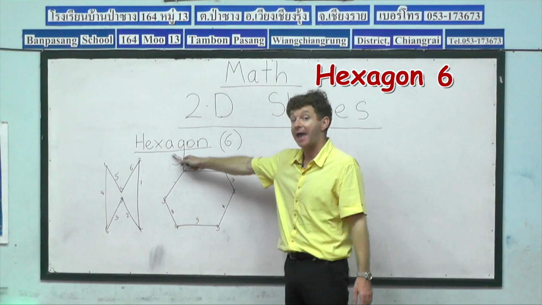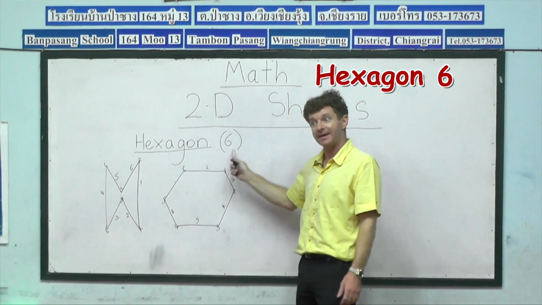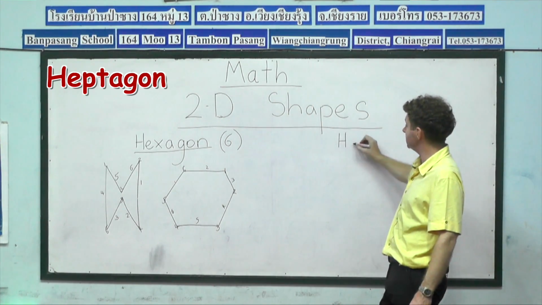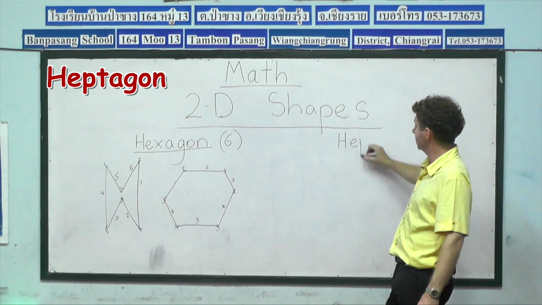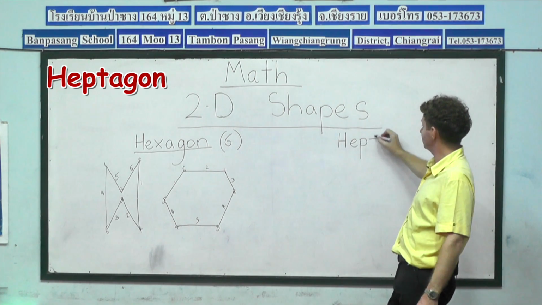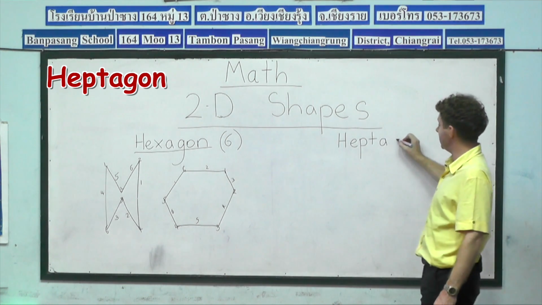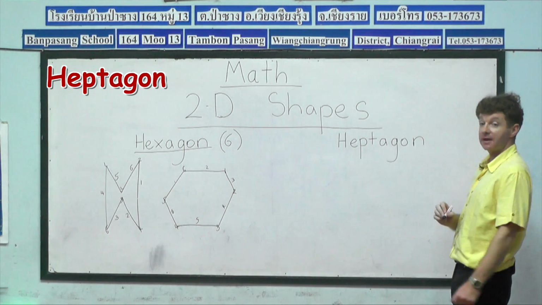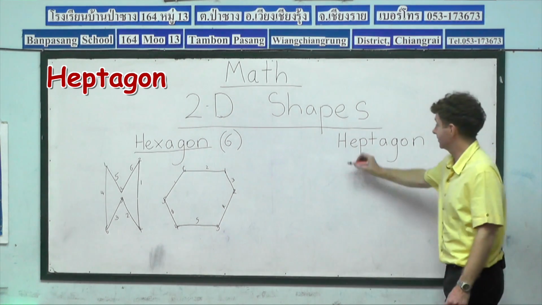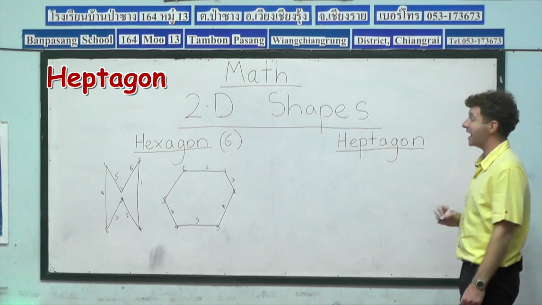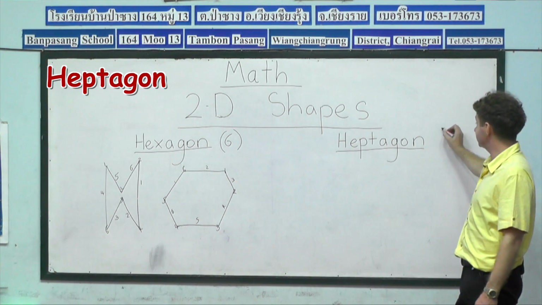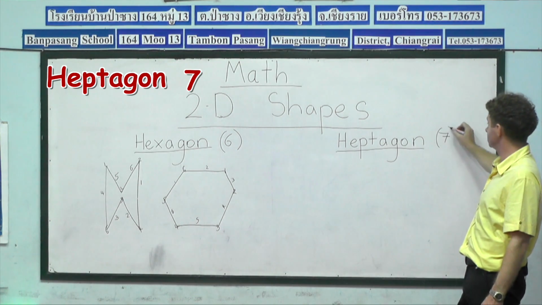We go from hexagon with 6 to heptagons. H, E, P, T, A, G, O, N. Heptagon. And how many sides will a heptagon have? 7, yes. Hep means 7.